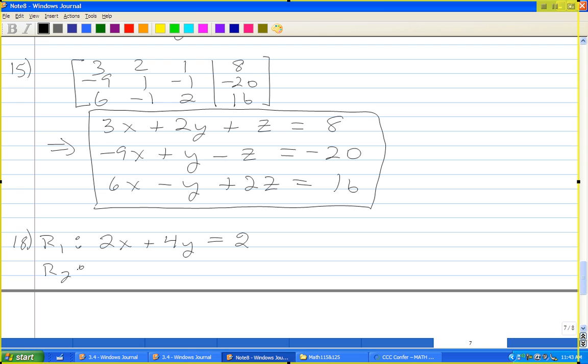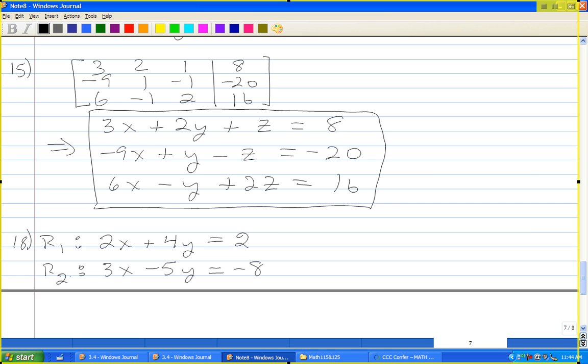Row 2: 3x minus 5y equals negative 8. Okay, in exercises 17 through 40, solve the system by using the Gaussian matrix.